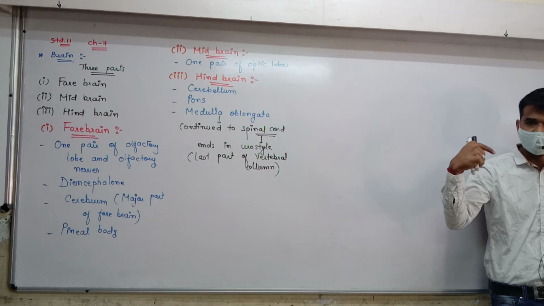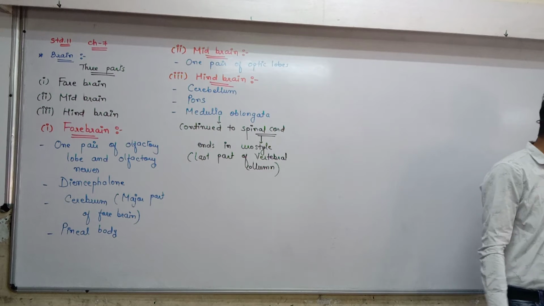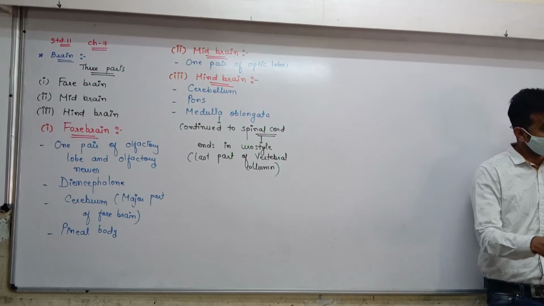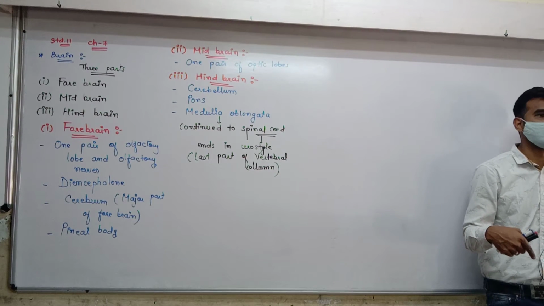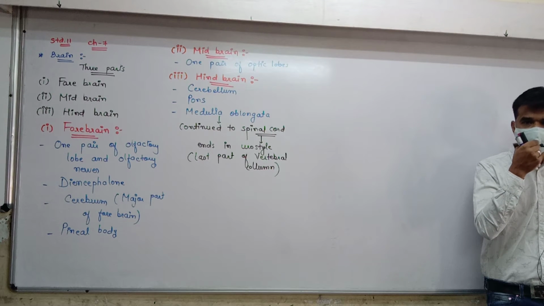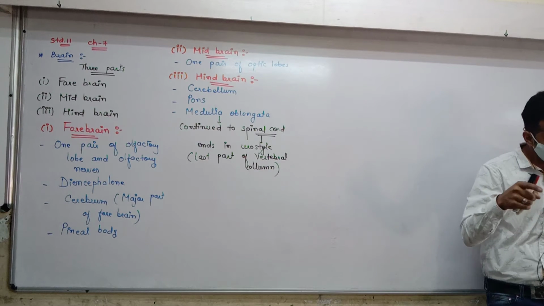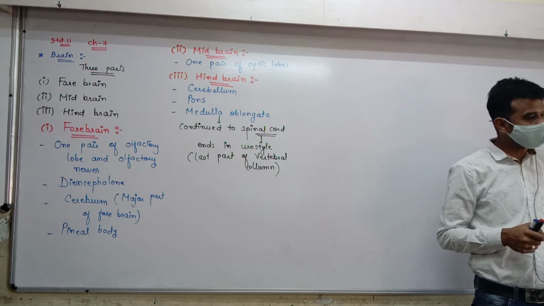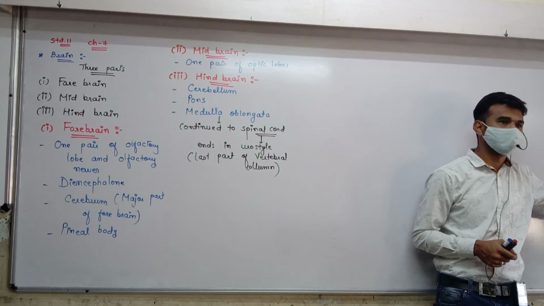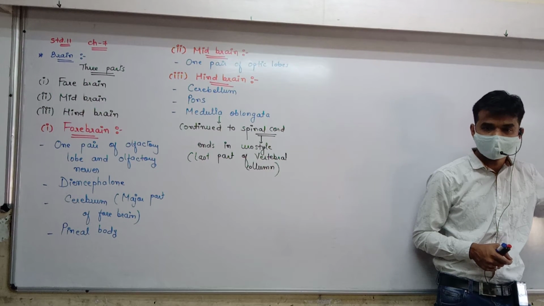In our body, there is the thermoregulation center. What does this word indicate? We are homeothermic, right? So our body temperature is constantly maintained by the thermoregulation center. And this thermoregulation center is situated in the hypothalamus. That's why 37 degrees Celsius temperature is maintained.